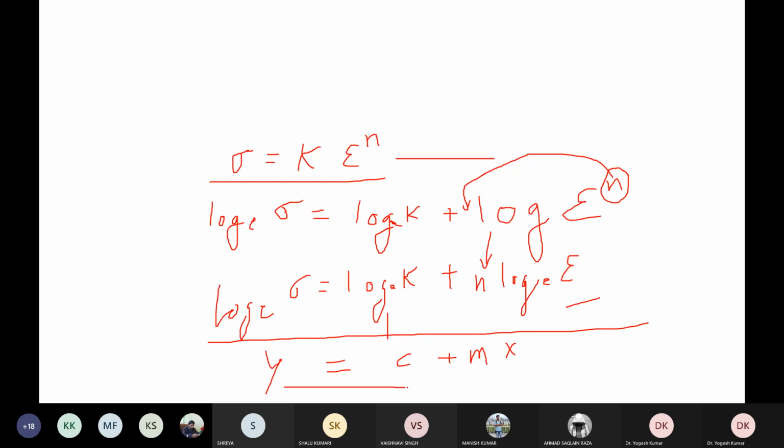So y equal to mx plus c. We can conclude that if you take the natural log of this equation, it should be a straight line.